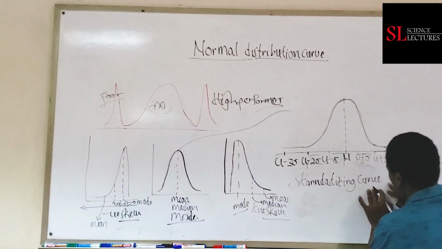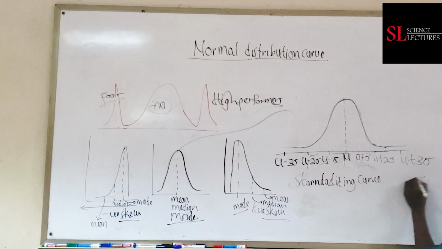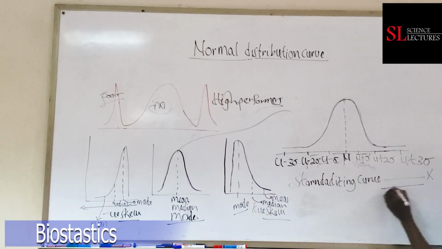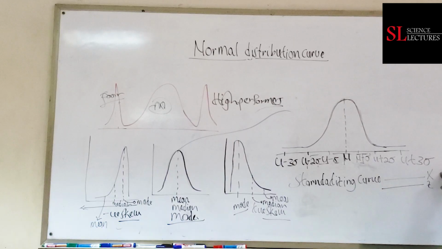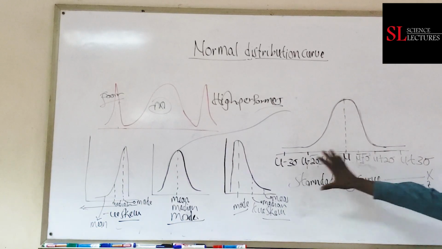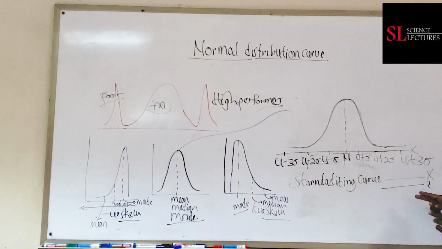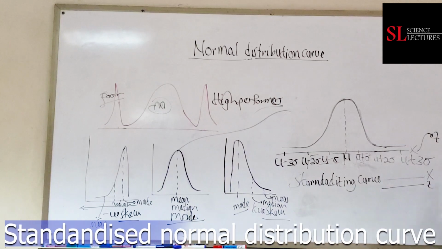Why do we standardize? We want to change the axis, from the x to the z, the lower line. So imagine this was the x-axis initially, and we are plotting. We want to convert this from x to become a z line.